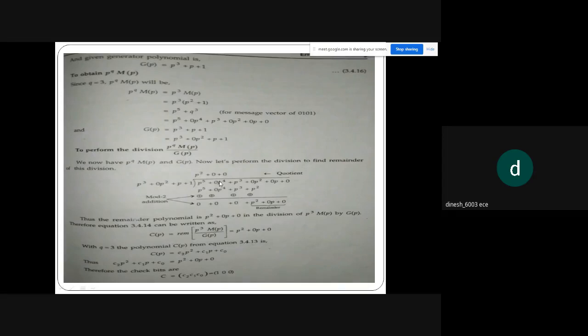Again, you would need to multiply with something to bring it to p square. It's not possible. We cannot introduce p power minus 1. We cannot introduce it at all. So the remainder will always be p square plus 0p plus 0. Why? Because the degree of the remainder polynomial is less than the degree of the divisor.